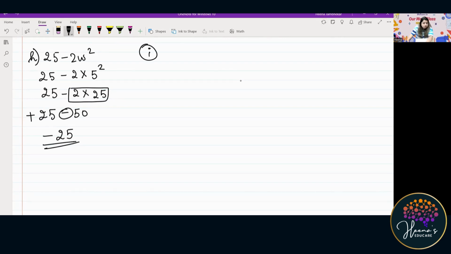Now, you have W plus Z bracket 2x minus y. Now the value for W is 5, plus the value for Z is minus 1 bracket. You have 2 multiplied by 2 minus minus 8. It's not difficult, don't worry. Okay, so I'll just explain. This W is one term.